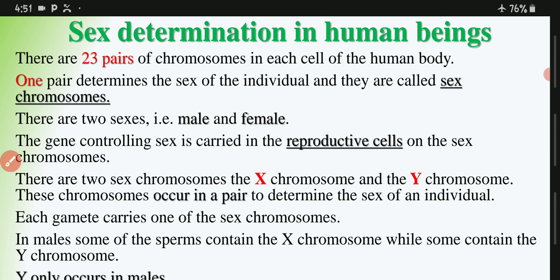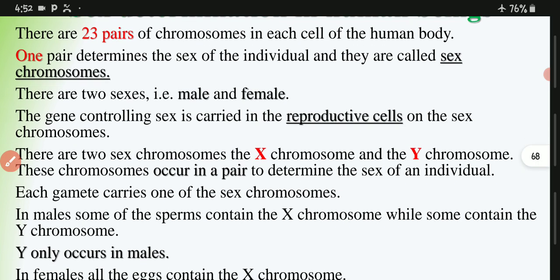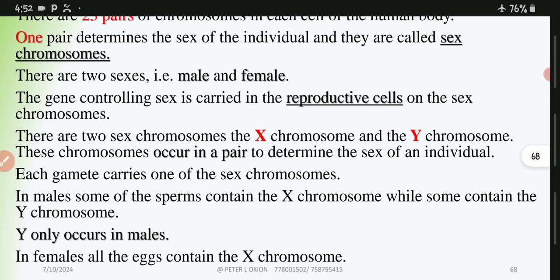From there, let's proceed. The gene controlling sex is carried in the reproductive cells on the sex chromosome.